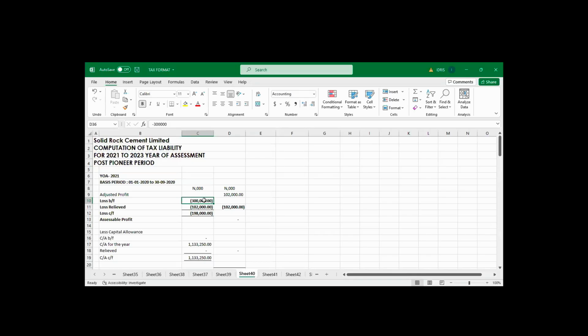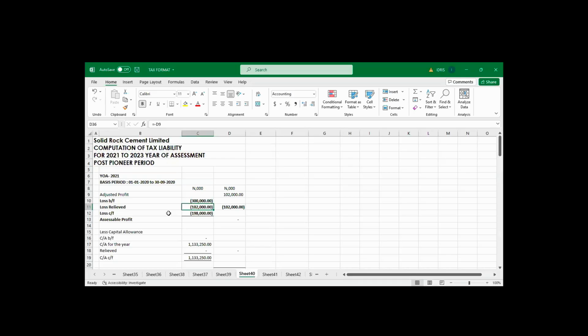So the profit available is 102, and we have a loss of how much? 300 million. How much are we going to relieve in this first year? How much will be our loss relief? It is the 102 because it's less than the loss.